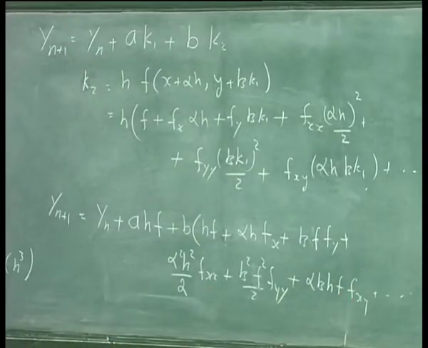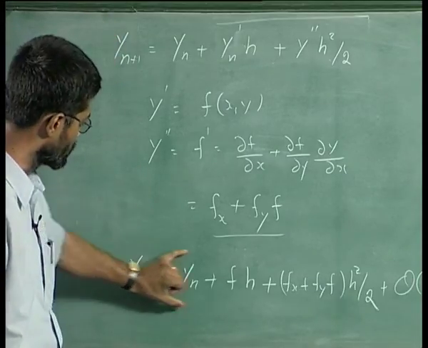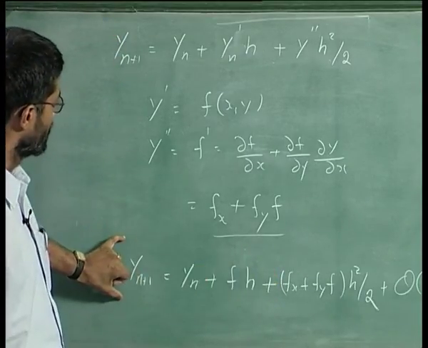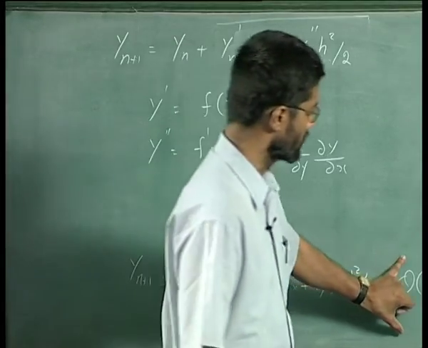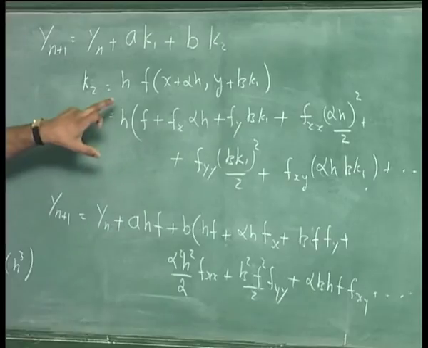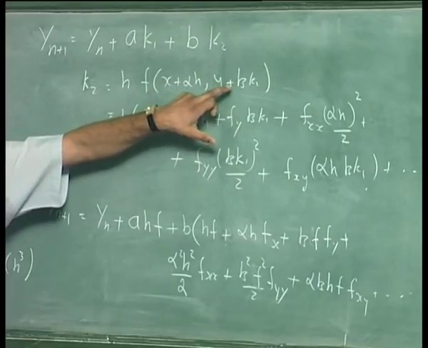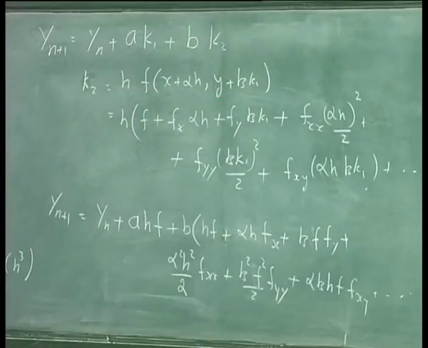So now I have one equation which comes straight from the Taylor expansion of yn plus 1, and then I have another equation which comes from the Taylor expansion of k2, which is f at x plus alpha h plus y plus beta k1. So now I get these two equations, equation 1 and 2, and I compare these two equations.